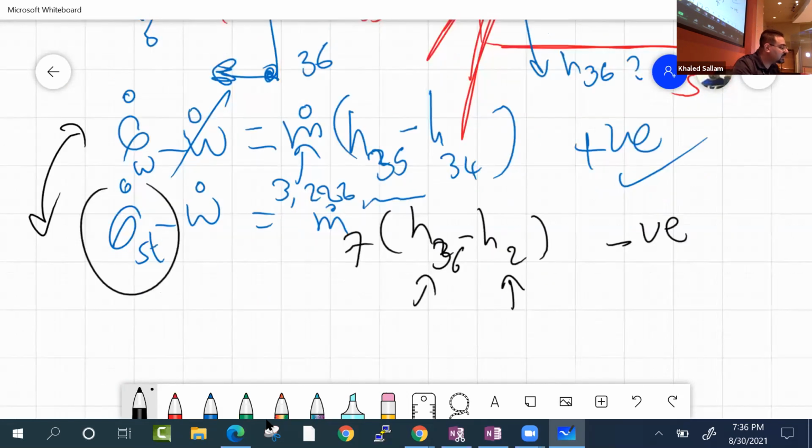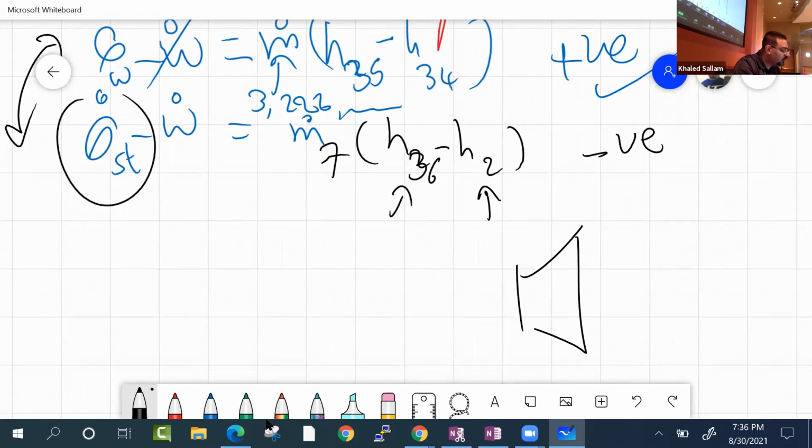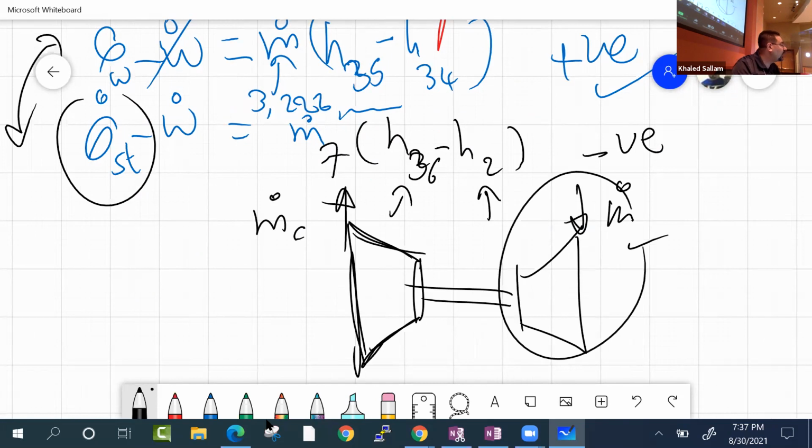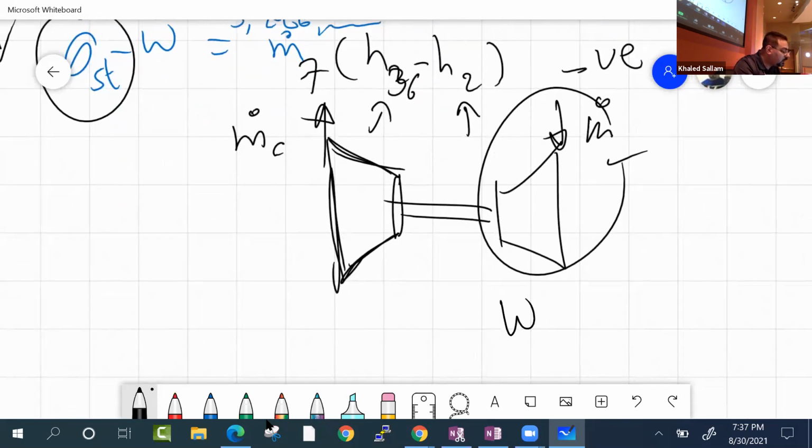I mean, this is the same if we have a turbine running a compressor. Someone asks you to calculate for this m dot, find for me how much m dot the compressor is. You apply the first law of thermodynamics here, and that power would be positive.